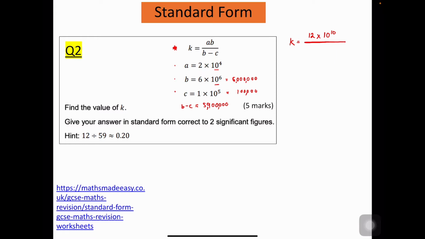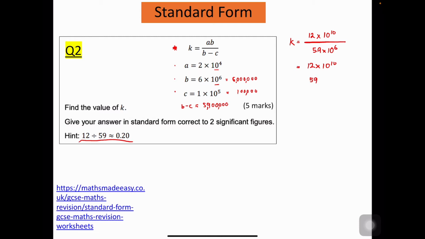So in standard form, it would be 5.9 multiplied by 10 to the 6. But here it says 12 divided by 59. So we're going to try to get ourselves in a situation where we have 12 divided by 59. So I'm going to write 12 multiplied by 10 to the 10, and I'll change this to 59.